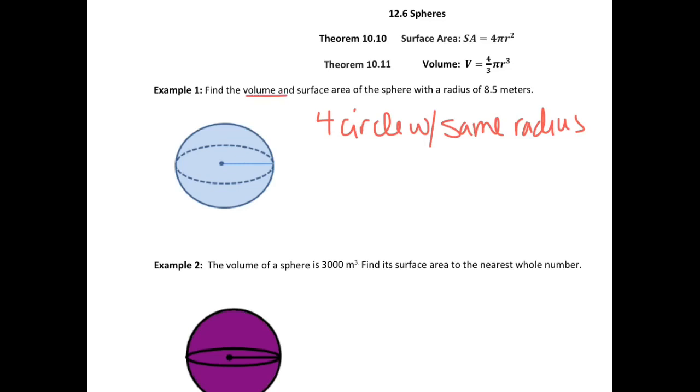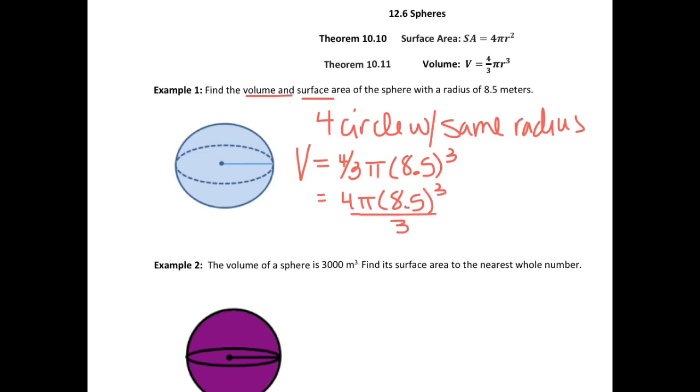So we're going to find the volume and the surface area of a sphere with a radius of 8.5. So volume: 4/3 times pi times 8.5 cubed. And some of you may want to set it up like this: 4 pi times 8.5 cubed all over 3.